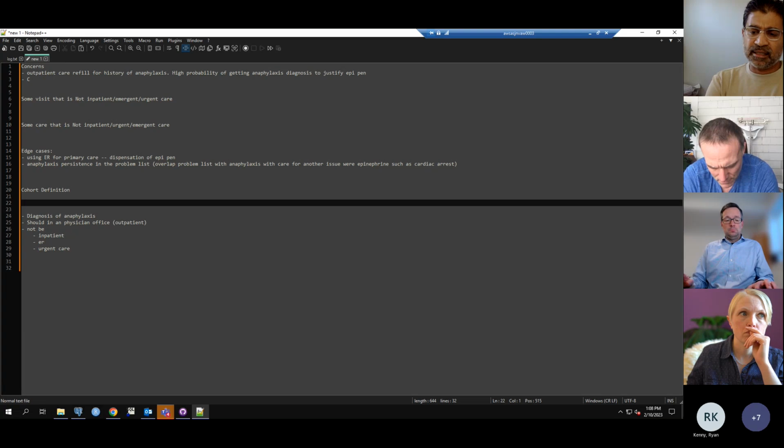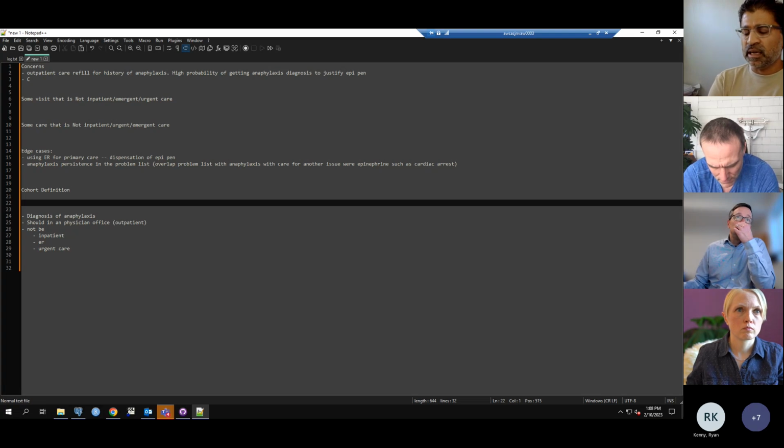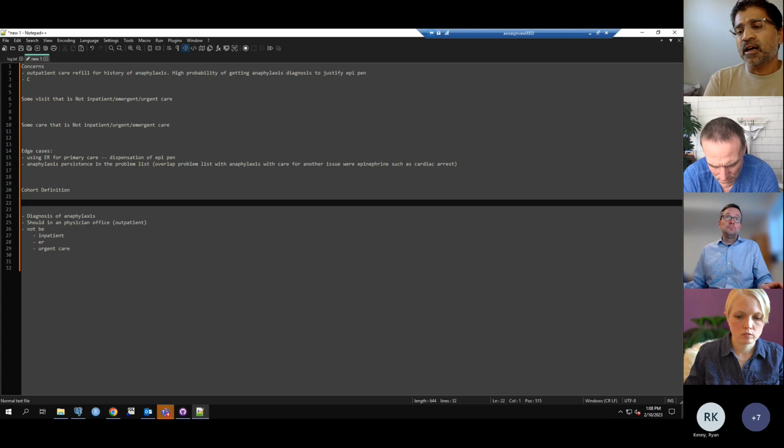The reason I'm thinking about framing the definition this way is that in most of the data sources, there is a difference between inpatient, ER, and outpatient. But inside outpatient, we find it hard to differentiate: is it a physician's office, a lab, or even an outpatient hospital?